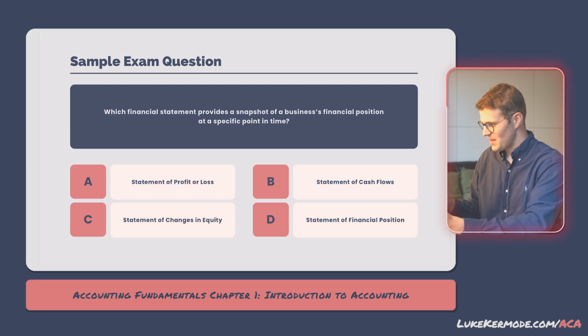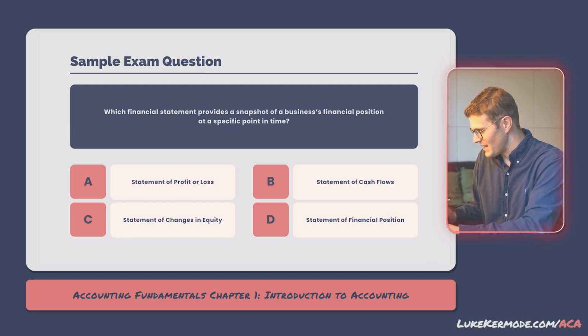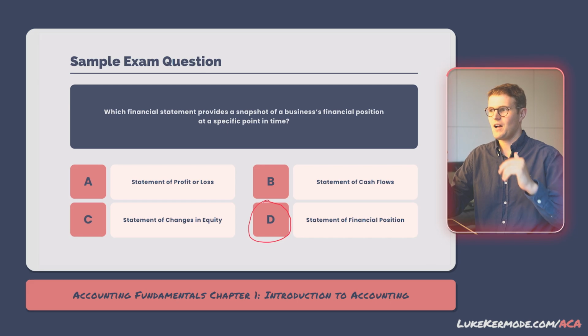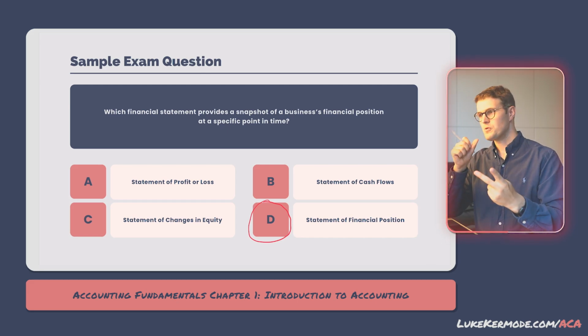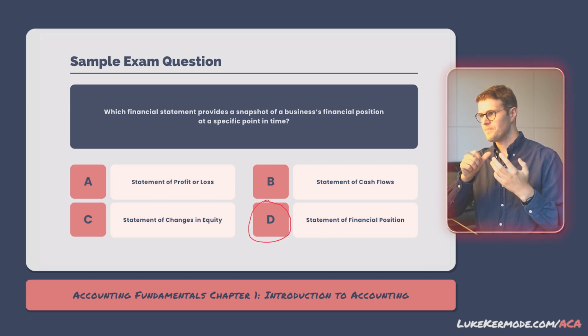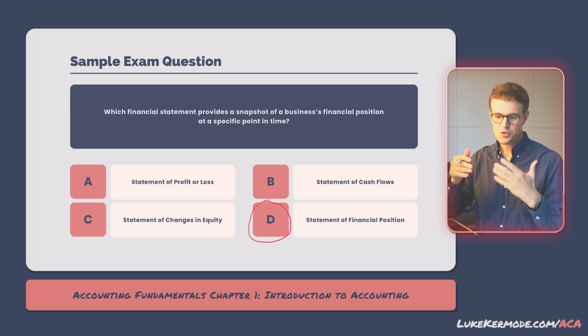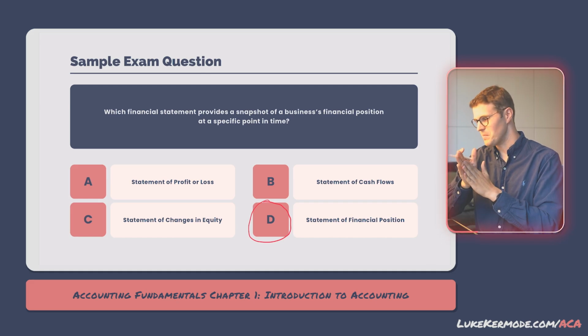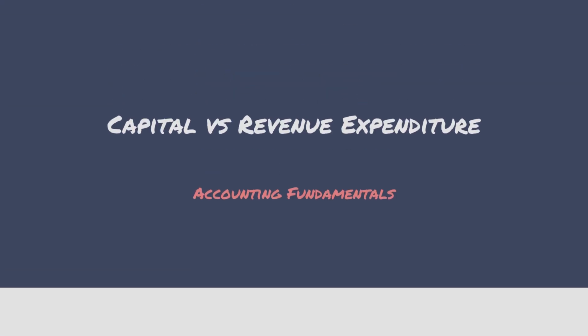As the phrasing of the question suggests, the correct answer is the statement of financial position. The balance sheet lists out the assets that the company controls, the liabilities it owes, and the equity or the capital which is held by the owners. It's the go-to financial statement for understanding and assessing a company's financial stability on a specific date.